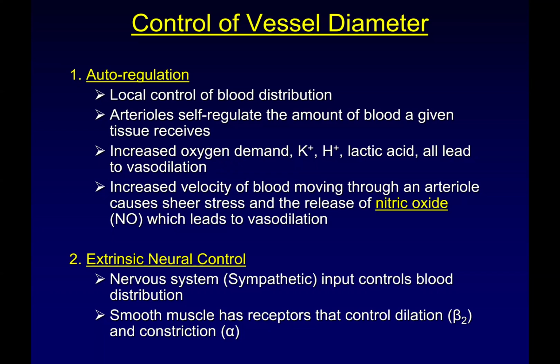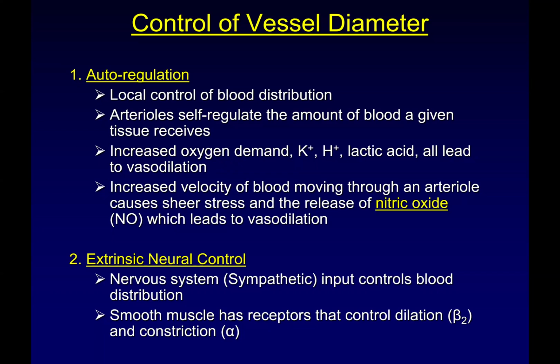Okay, y'all can sit. There are receptors, all of which bind epinephrine and norepinephrine, but they fall into different classifications because they induce a different response. There are adrenergic or beta receptors, beta 2 receptors, that when they bind epinephrine, norepinephrine, tell smooth muscle to relax and dilate.